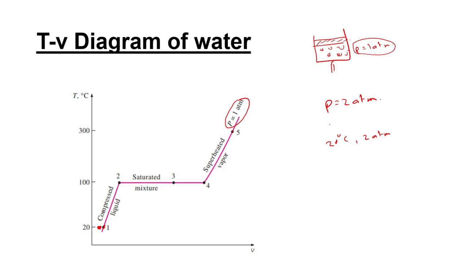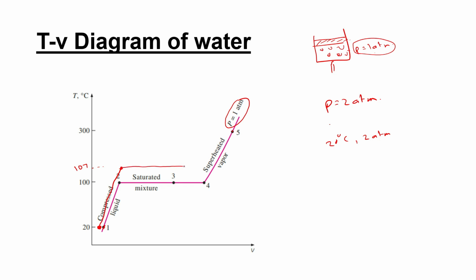So if you supply heat, its temperature will rise. You can see that here. So it will have the saturated point somewhere here. You need to look at the table, but it will be at a temperature higher than 100. So let it be 107. So this will be at this state.